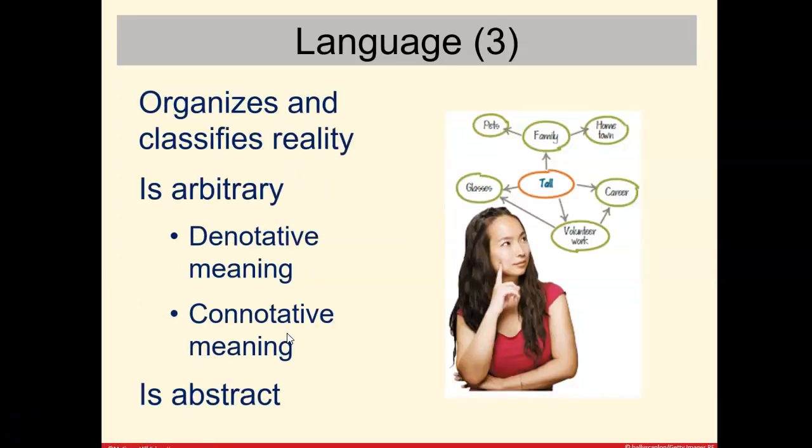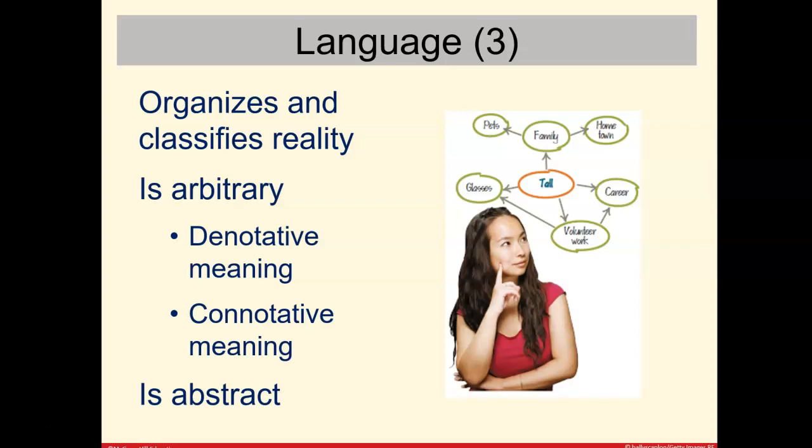The rules we just looked at help us to organize and classify reality, to classify our language. As we said earlier, language is arbitrary, but nonetheless we do affix definitions to the language that we use. As such, there are two types of meaning: denotative meaning and connotative meaning.